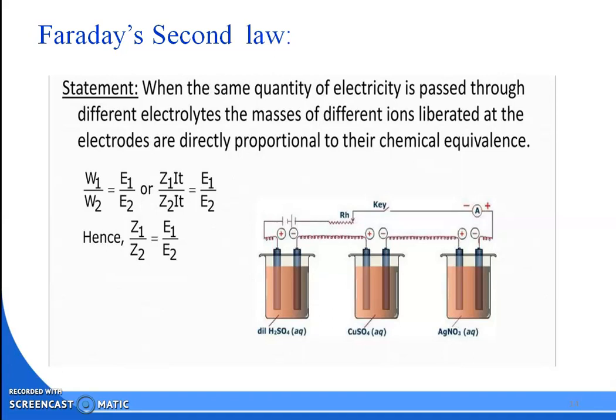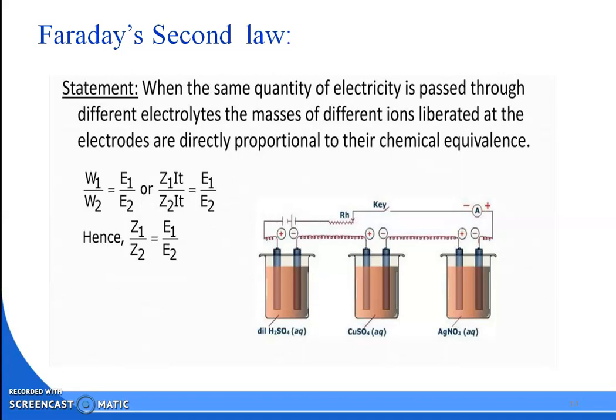In Faraday's second law, the statement is when the same quantity of electricity is passed through different electrolytes, the masses of different ions liberated at the electrodes are directly proportional to their chemical equivalence.